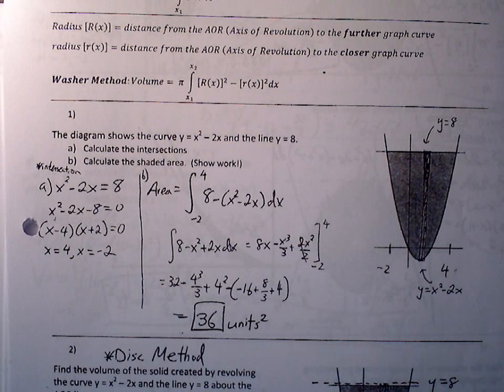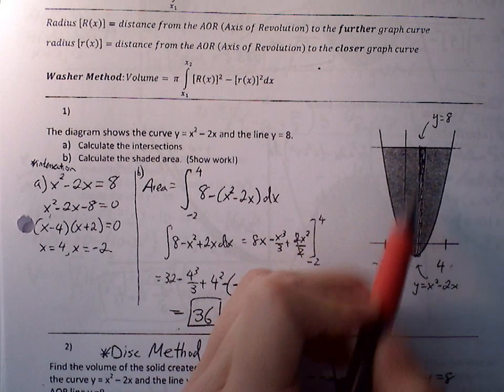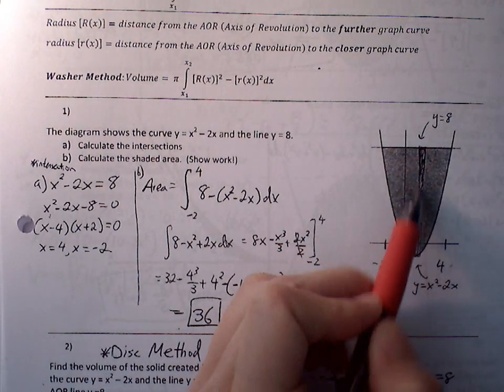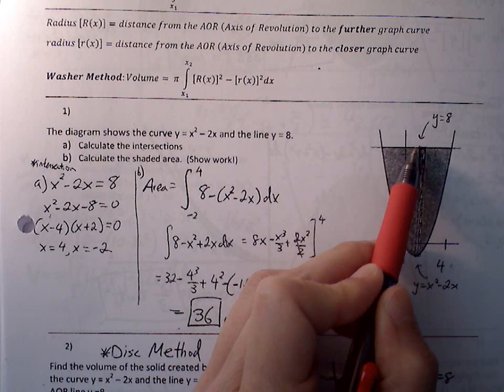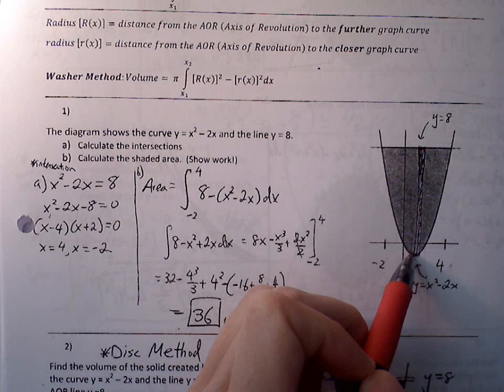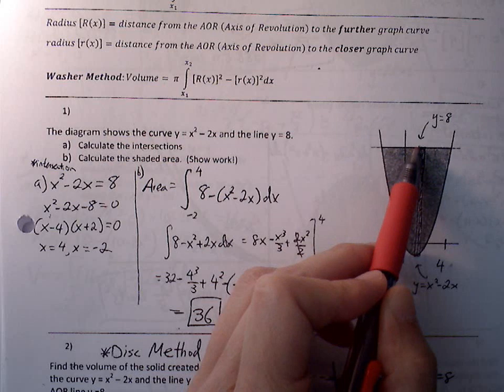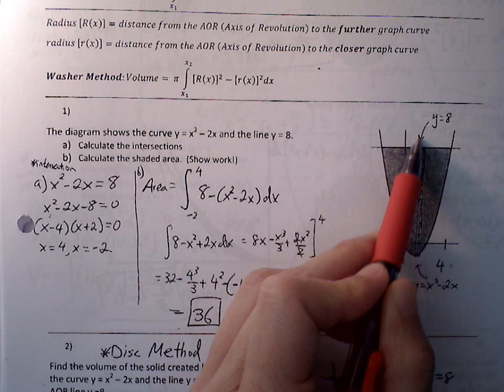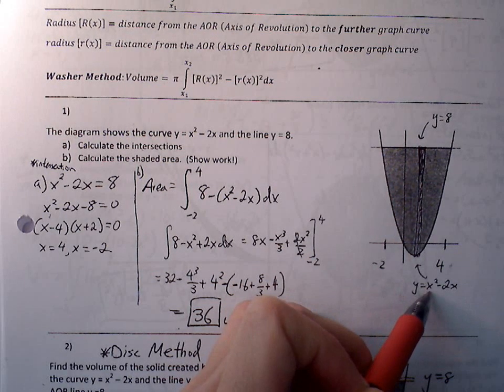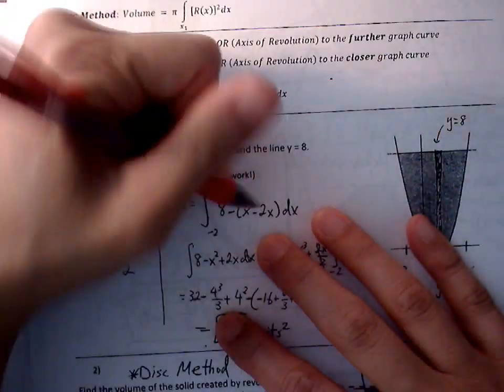In our area formula, we can now evaluate using top graph minus bottom graph. So we draw a representative rectangle that connects from one graph to the other. We see the top of my rectangle is on the 8, the bottom is on the x squared minus 2x, so we do top minus bottom.